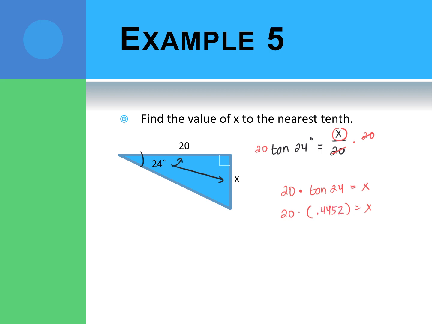And if I multiply that by 20, I'm going to get 8.904 equals x. And it says round to the nearest tenth, so I'm going to round it to 8.9. So I was able to use my trig ratios and algebra to find the missing value.